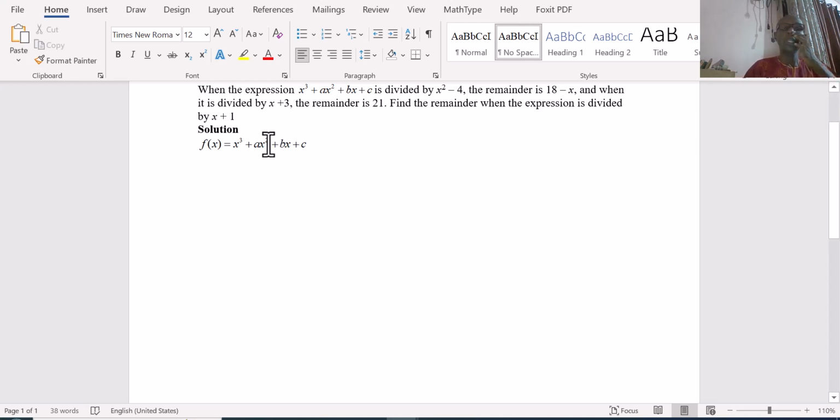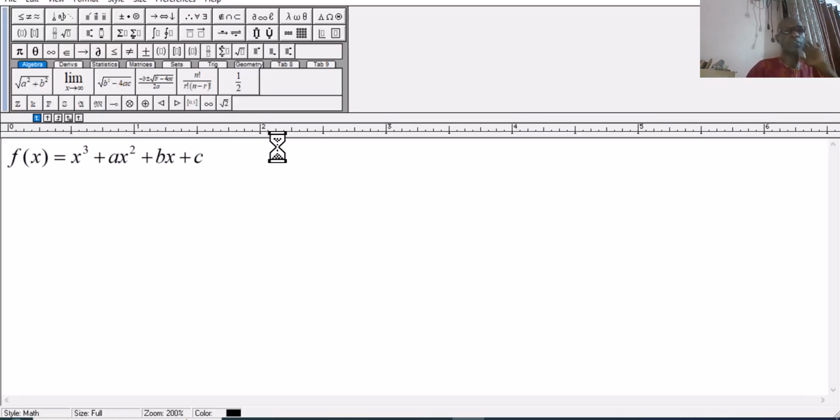So let everything in that expression be represented by f of x. Now, before we go forward, imagine we are given something like f of x divided by x minus a. Now, we will get something like a quotient plus a remainder. That remainder will be a degree less than x. X in this particular case is raised to the power of 1.